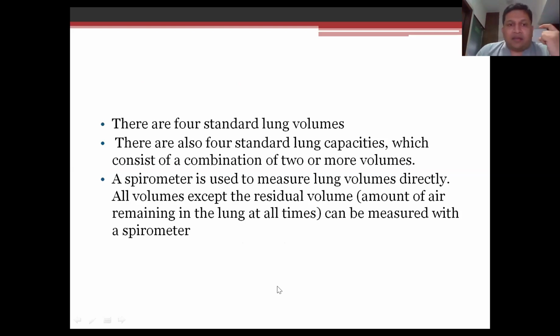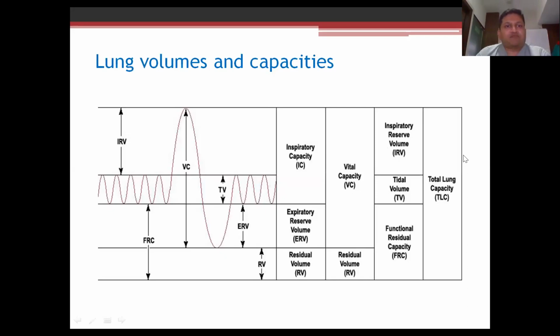By spirometer, we can measure all these lung volumes except the residual volume, because that air does not come out into the spirometer. So we cannot assess the residual volume. To assess it, there are other methods like the xenon method and radioactive methods, which we cannot perform in the hospital.